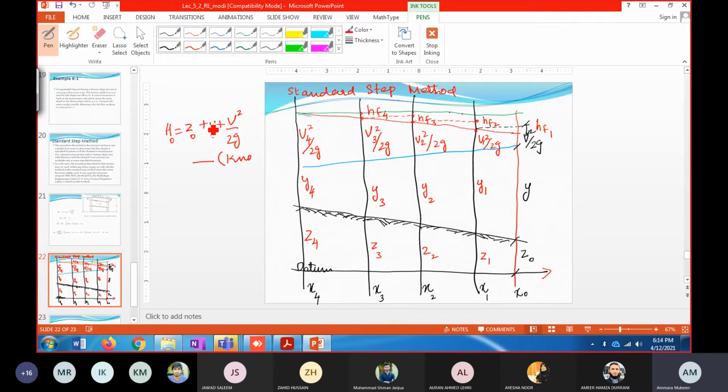Okay. So either you would be calculating the velocity using the depth value, and you can know the energy head at this section.